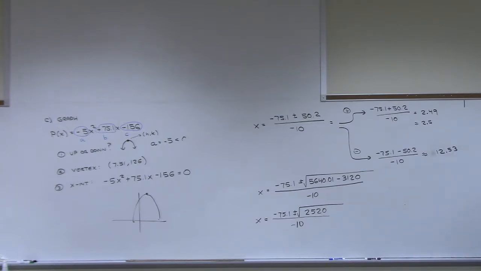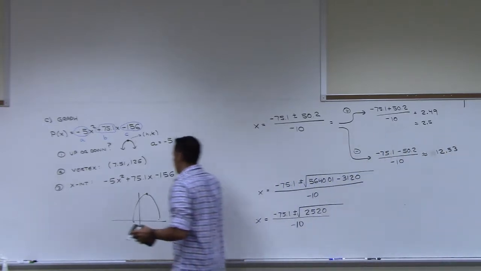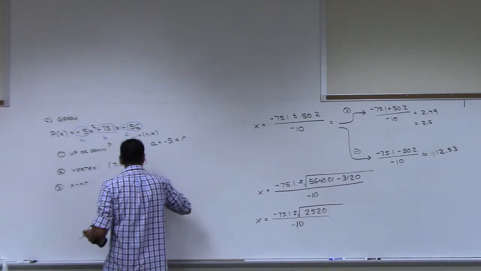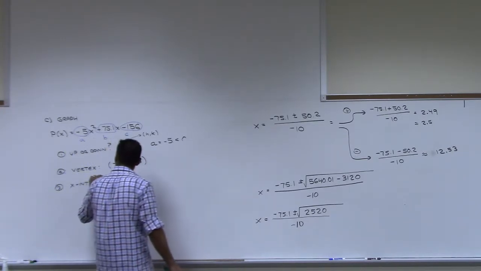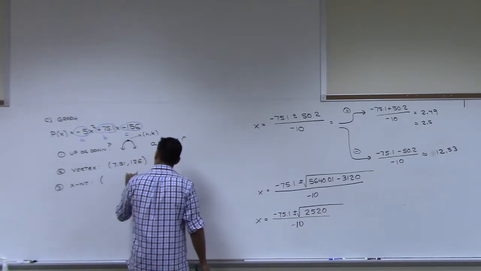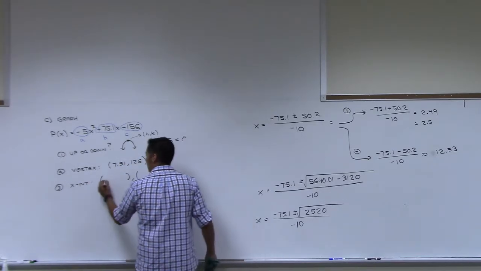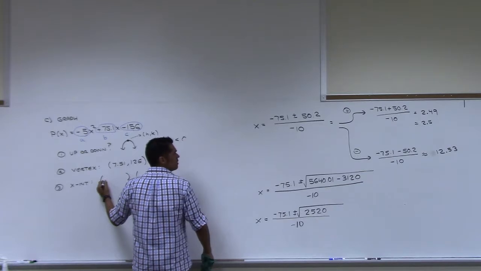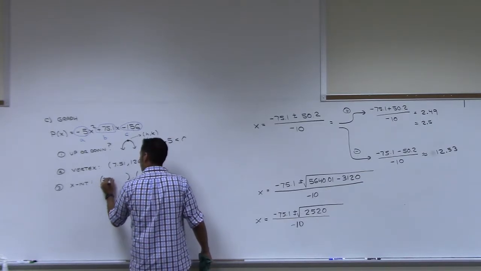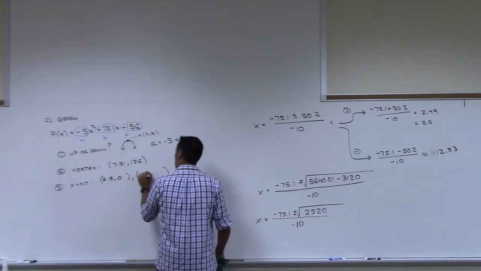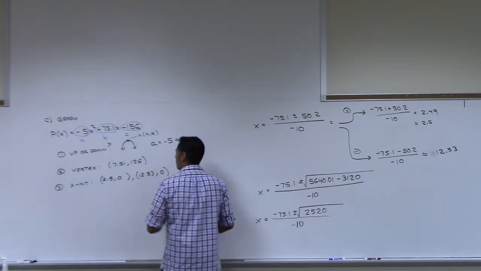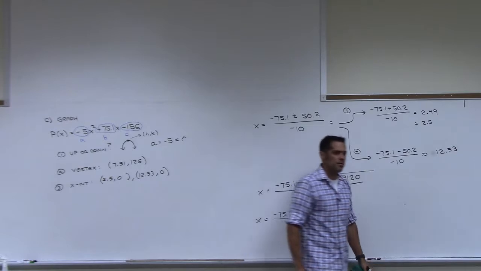Those are our two x-intercepts. All right, let's go back over here and let's write those down. Remember, the x-intercepts are points on our graph, aren't they? So if I were to graph these two points, here they are. I would have 2.5, 0, and the other one 12.53, 0. Those are our two x-intercepts.